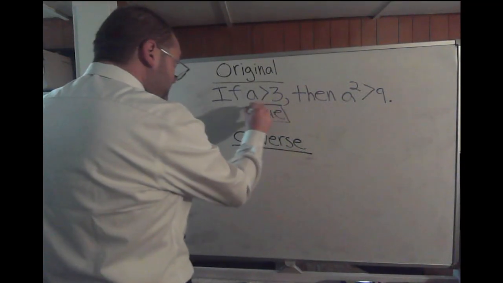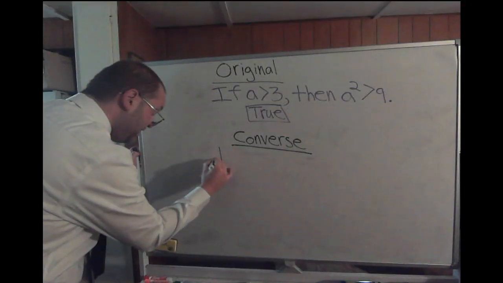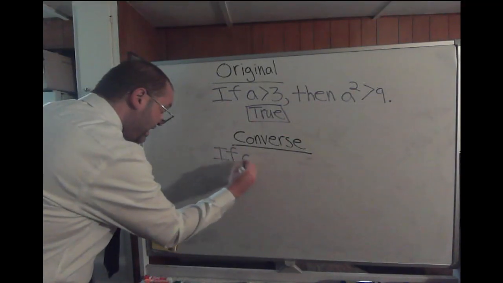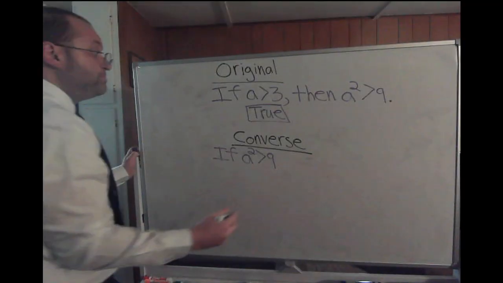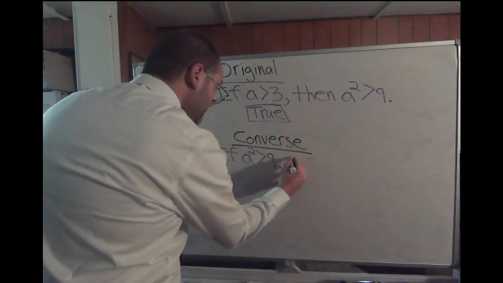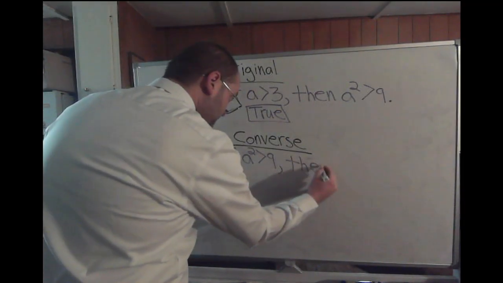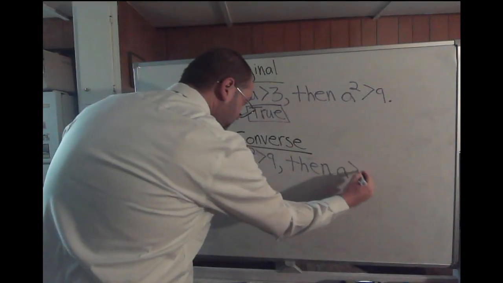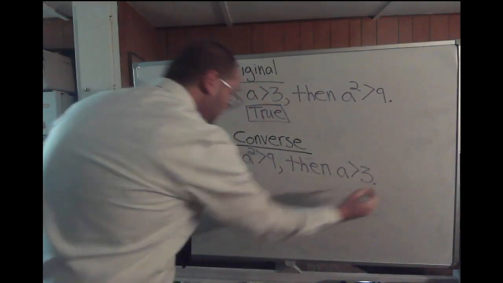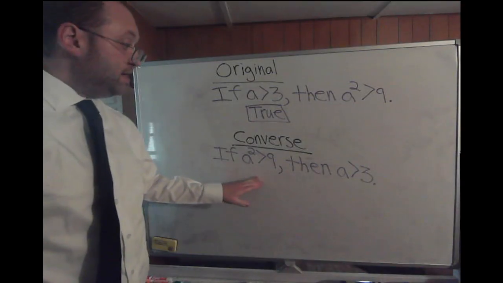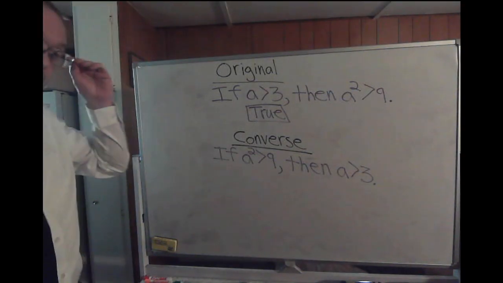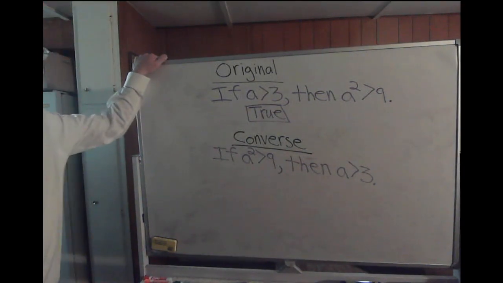Now let's deal with the converse. If A squared is greater than 9, then A is greater than 3. Alright, so the converse is that if A squared is greater than 9, then A is greater than 3. That's only partially true.